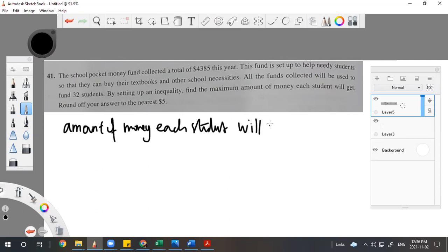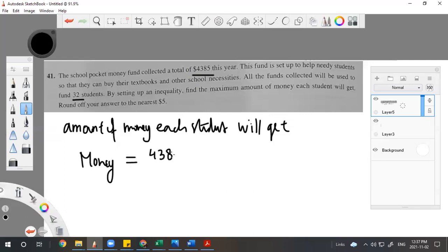Tapi kita tahu amount of money each student will get will equals to the total amount and it is shared equally 32 students. Right? Jadi sebenarnya money each student get equals to, harusnya kan equals.